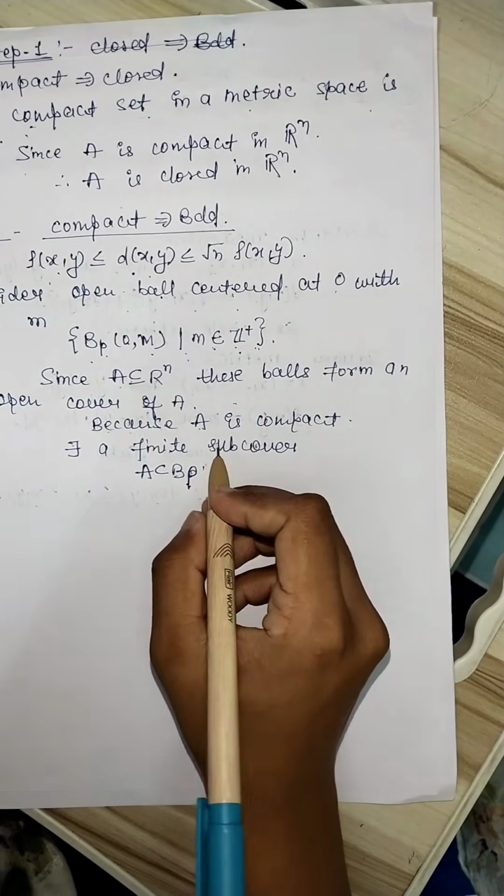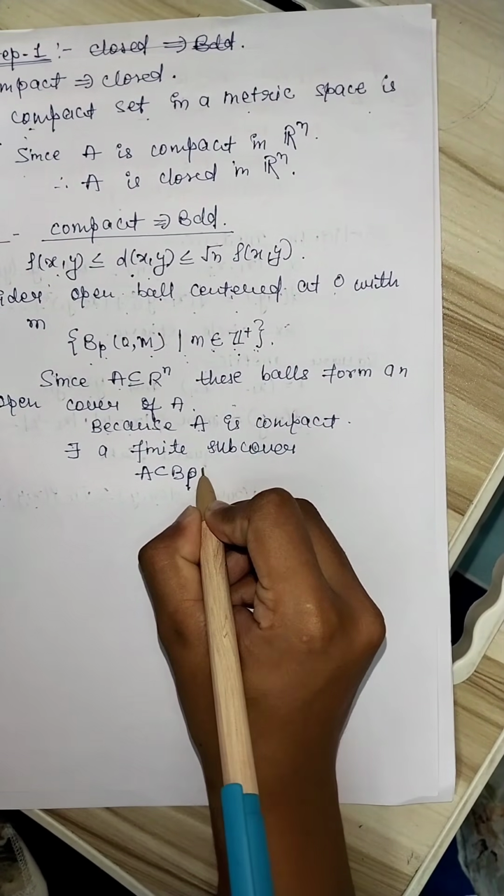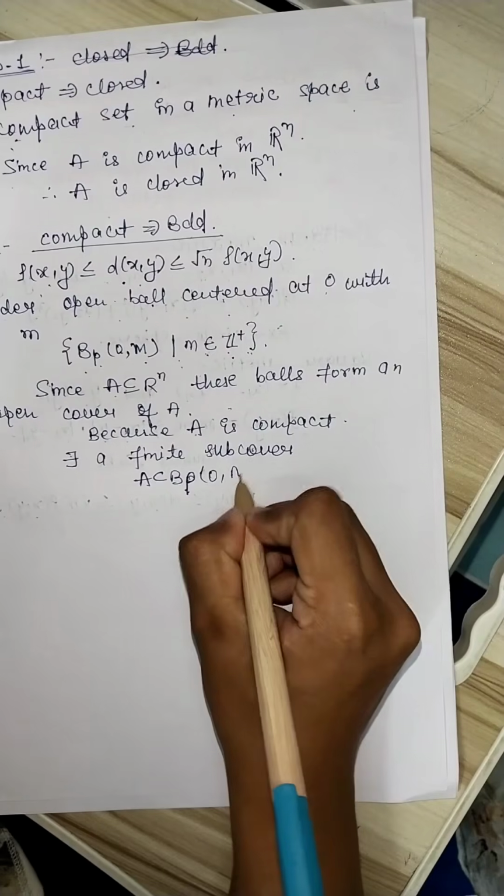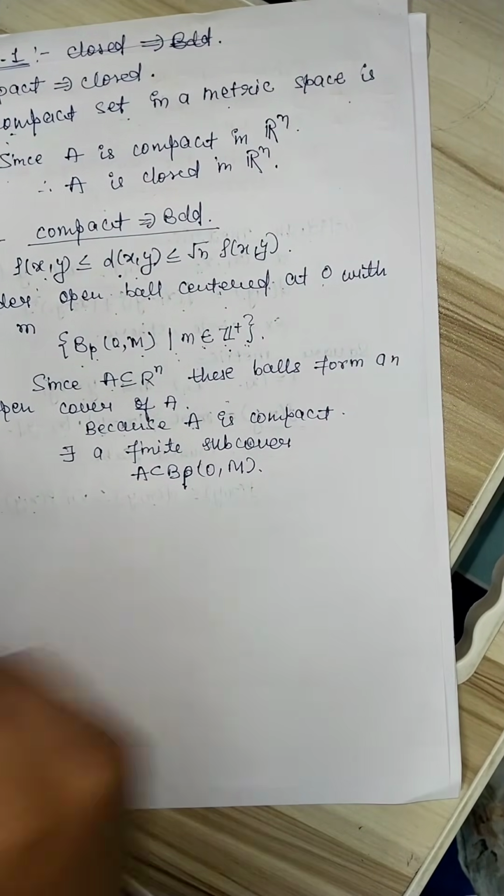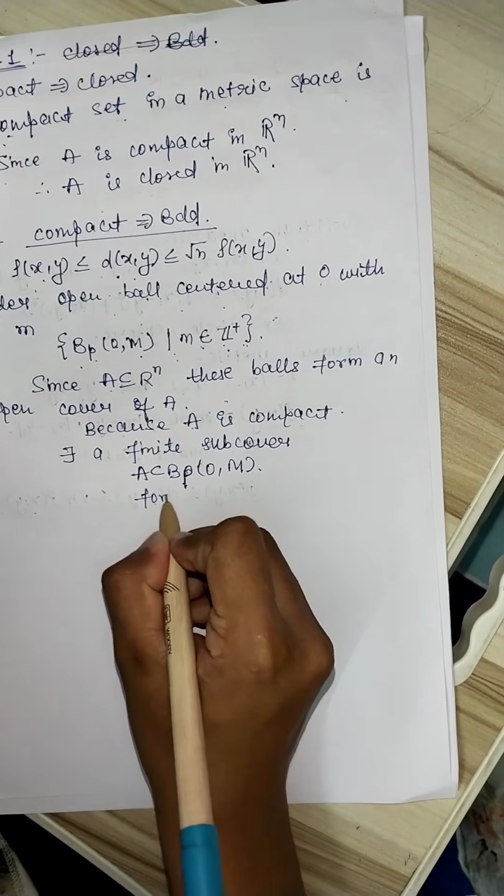So a finite subcollection of the open balls centered at 0 with radius m, for some large m, covers A.